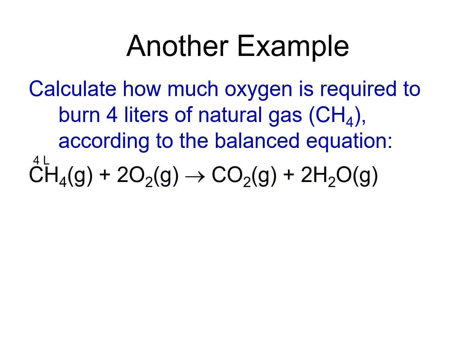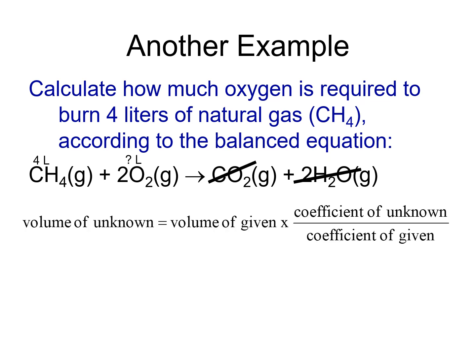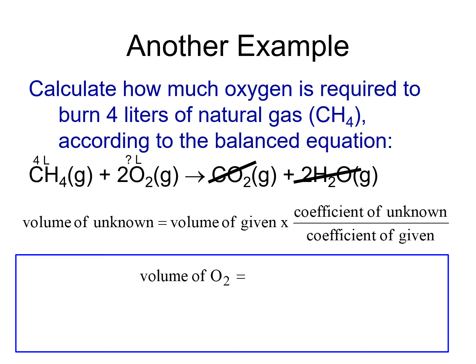Let's list what we're given, 4 liters of natural gas. Let's list what we want to find, liters of oxygen. Let's mark out the rest so we don't focus on those things. Let's take the volume given, which was 4 liters, and multiply by the coefficient ratio. We'll put the coefficient of the unknown, which is oxygen, on top.